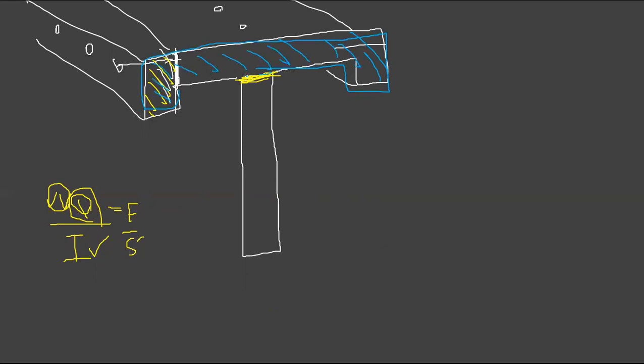Then Q is done. You know the force a nail can take, so that might be a different spacing, let's say double dash, and you can find that. That's how you approach the question.